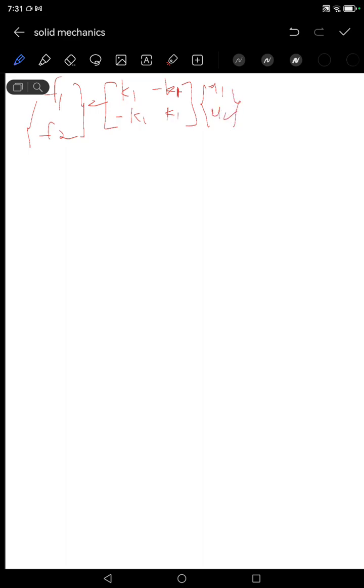And then we also had K2, minus K2, minus K2, with U2, U3, F2, F3.